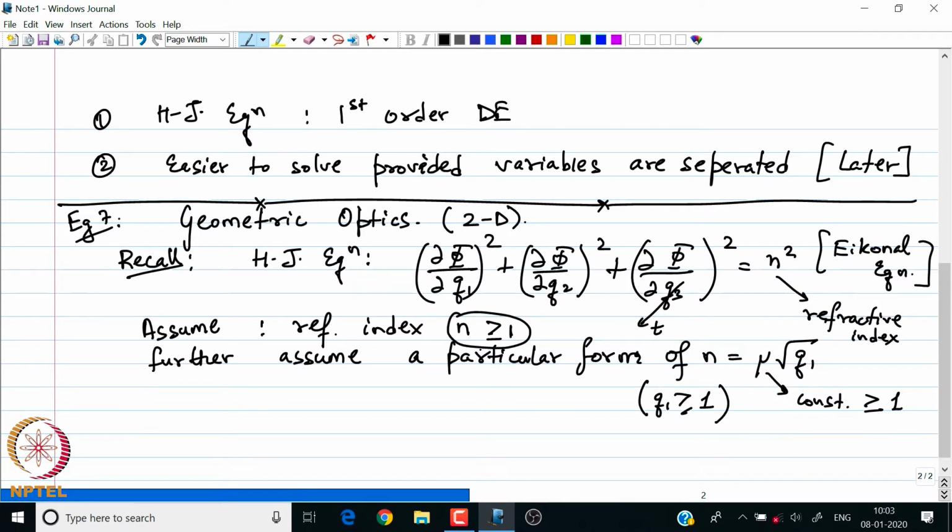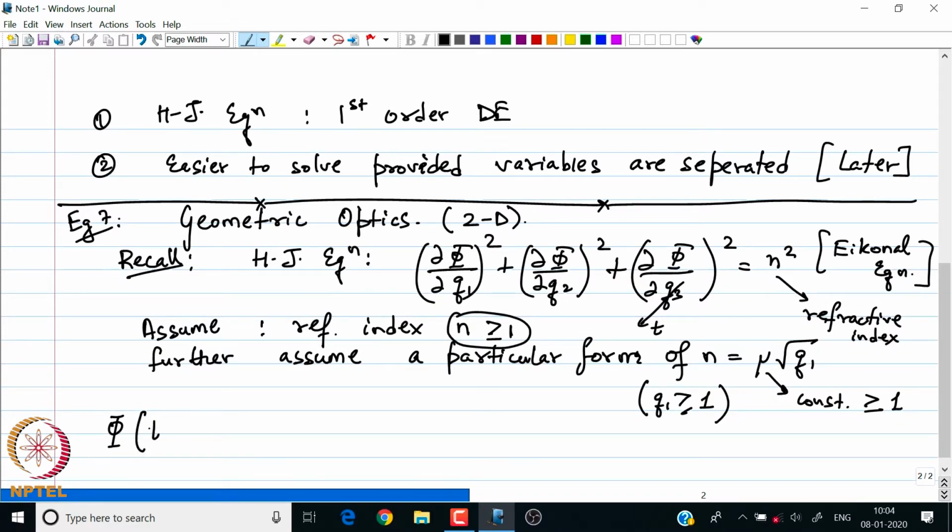So, for this problem I do have the solution. Again, I am not going to show how to solve the problem, because I have devoted the solution to the Hamilton-Jacobi equation in the later half of this lecture as well as the next lecture. So, I am going to write down the solution to this example.